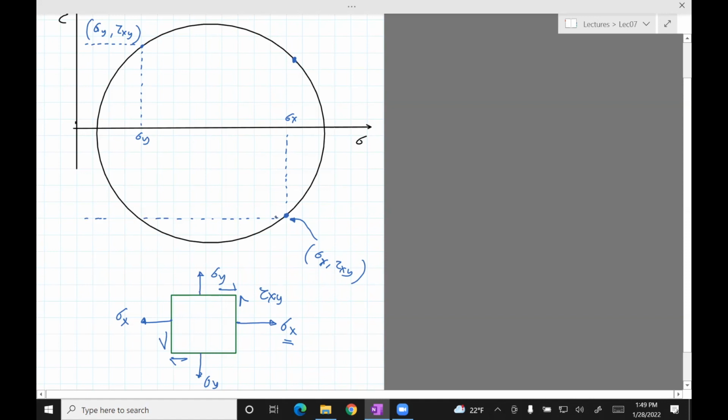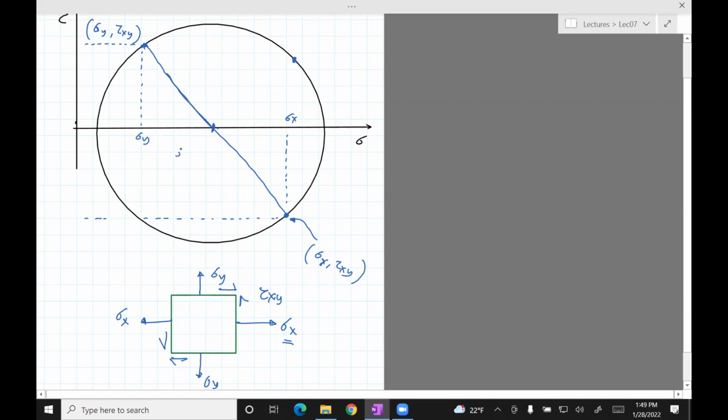Okay, so once you have that, you need to join these points, this point all the way with the other point. And then wherever it passes through the x-axis, that is the center of the circle.